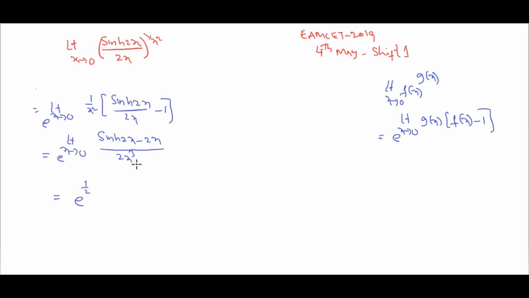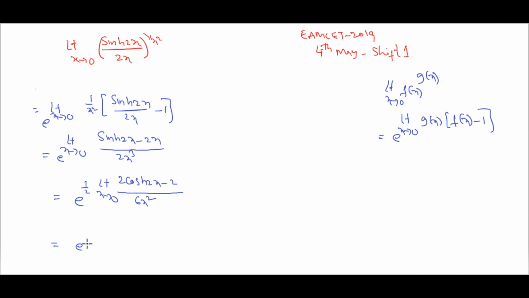So applying L'Hospital rule, the derivative of sinh 2x is 2 cosh 2x, minus 2, over the derivative of 2x³, which is 6x². Again substituting 0, cosh 0 is 1, that is 2 minus 2, 0 by 0.